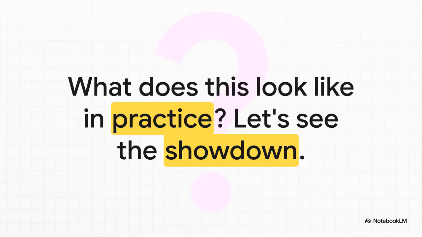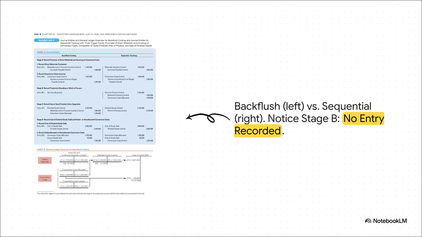So theory is great, but what does this actually look like with real journal entries? It's time for the ultimate showdown, traditional versus backflush. Get ready for that aha moment, because it's coming. Okay, look at this chart. On the right, that's sequential tracking. Look at all those entries, an entry for every stage. Now, look at the backflush column on the left.